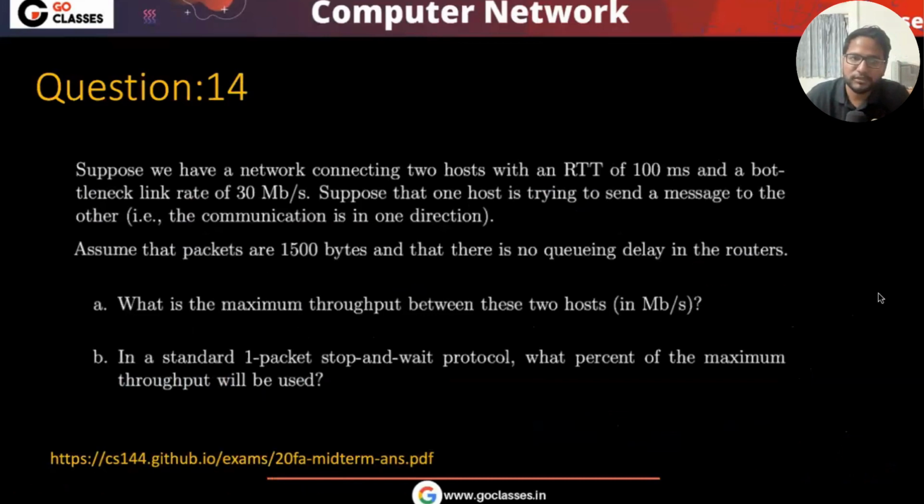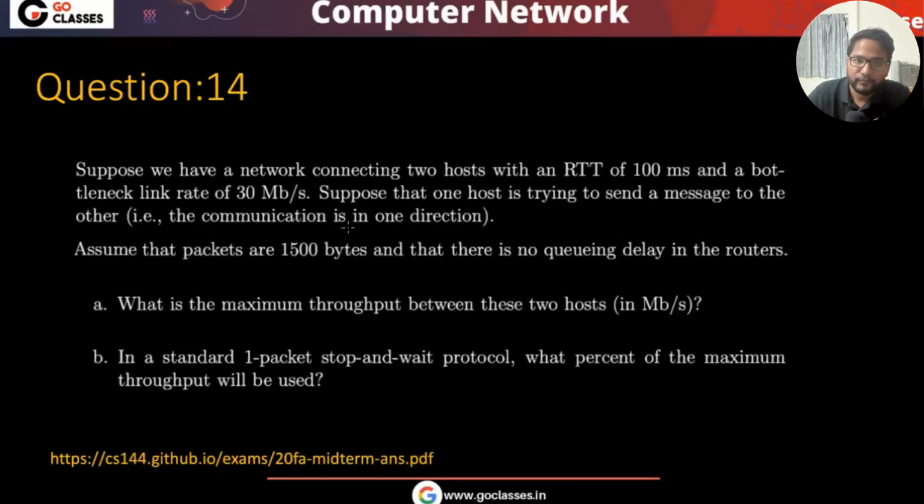Now let's solve this question. I've taken this from some university. Let's see what they are saying. Suppose we have a network connecting two hosts with RTT of 100 milliseconds and bottleneck link rate 30 Mbps. Suppose that one host is trying to send a message to the other. That is communication in one direction. The two hosts have an RTT of 100 milliseconds, and the bottleneck link rate, which means the bottleneck bandwidth, is 30 Mbps.